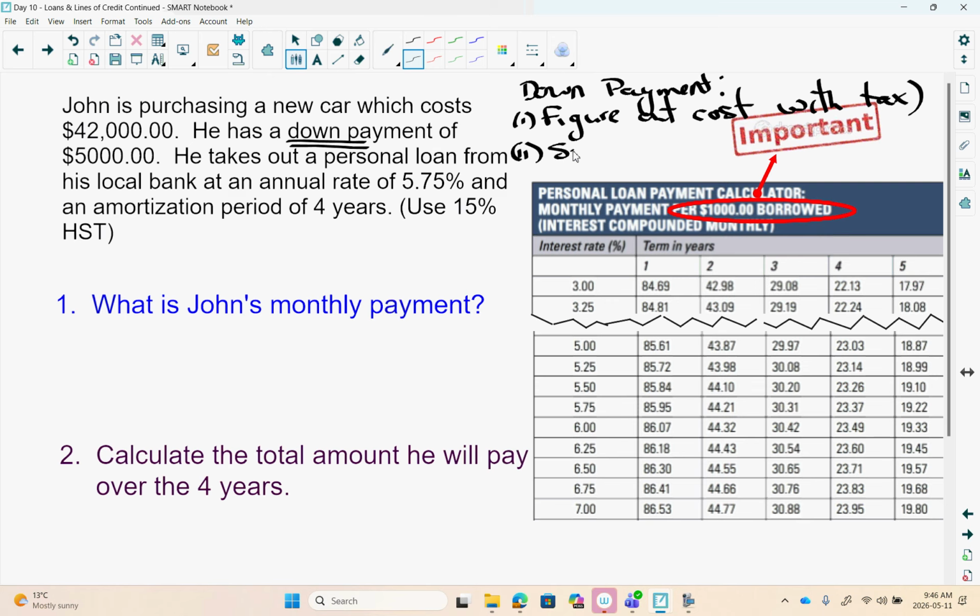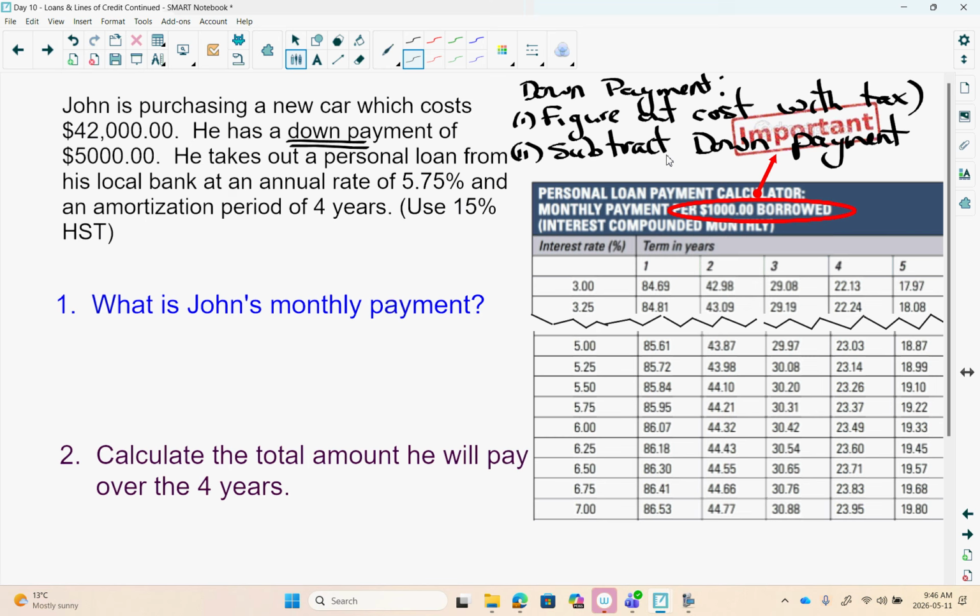And then we subtract the down payment. So make a note there. And I'll show you what to do when we have a trade-in in the next example and why. We'll discuss why we do it this way.